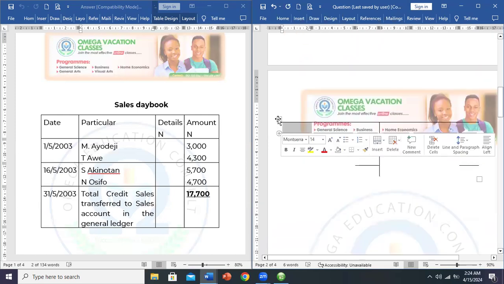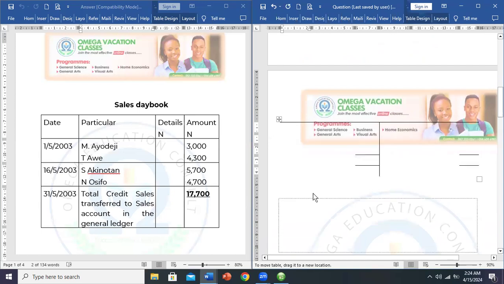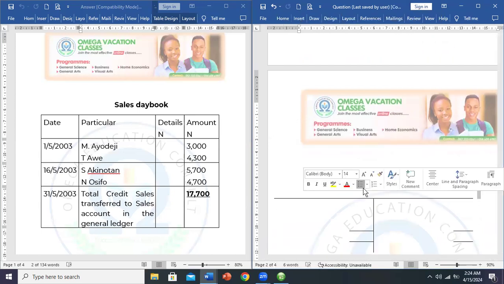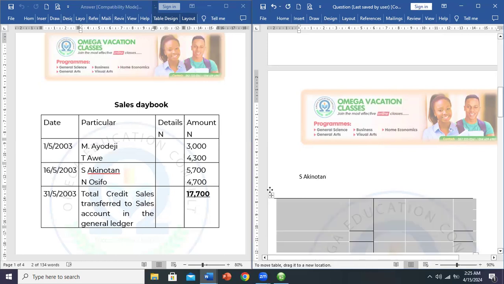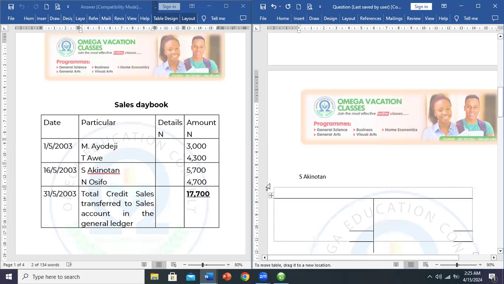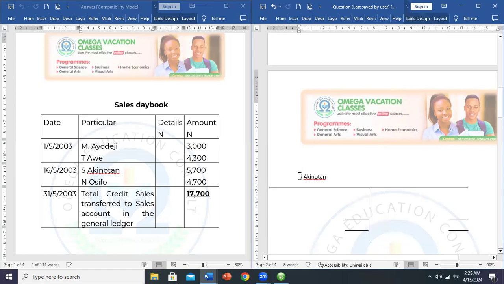Let me bring this table down a bit. So S. Akinotan. Okay, so we have S. Akinotan's account opened.